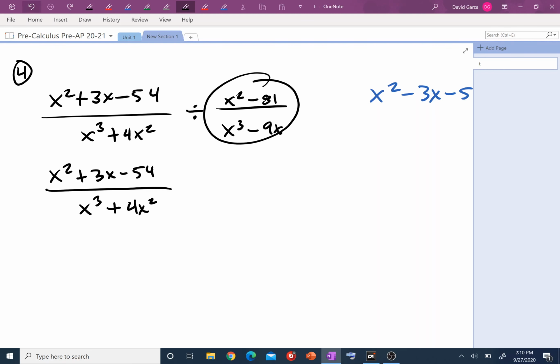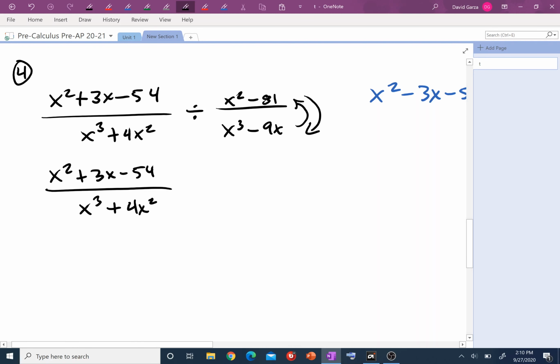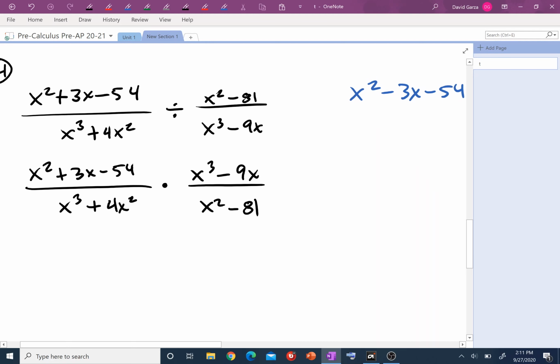So the best thing to kind of alleviate that would be to use the reciprocal, right? So whatever I have at the top, I'm going to go ahead and switch it to the bottom. And whatever I have at the bottom, I'm going to go ahead and switch it to the top. So this is times x to the third power minus 9x divided by x squared minus 81. All right, so then now let's go ahead and work this out.